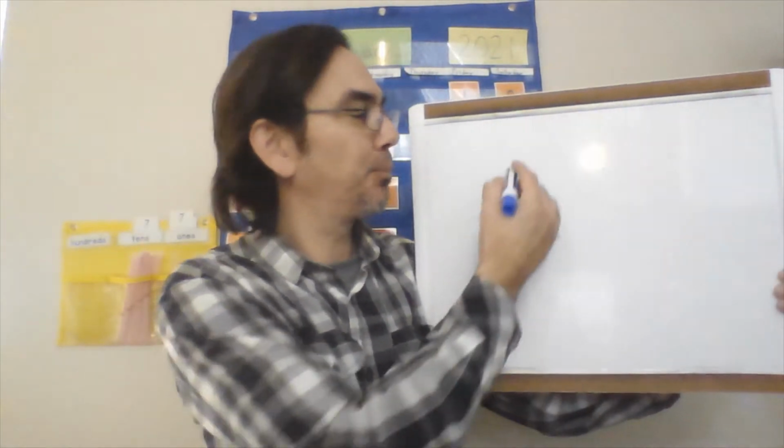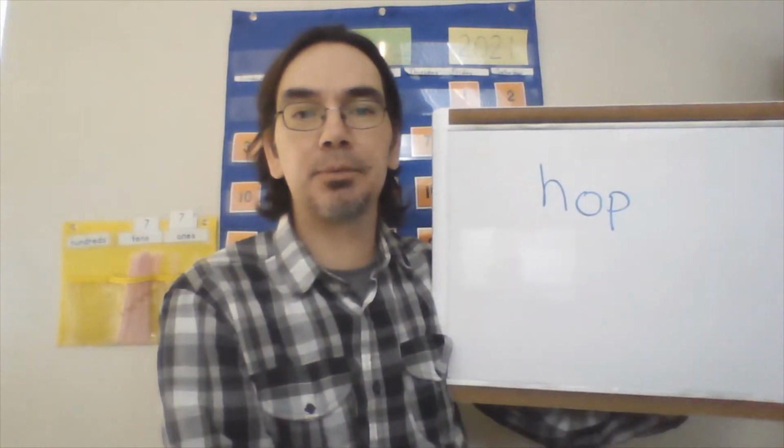This is long O and short O. Remember, the long O is when a word has an O in it that says O, right? Watch this. I'm going to show you the difference between long and short. Remember I talked about that silent bossy E? This is hop.